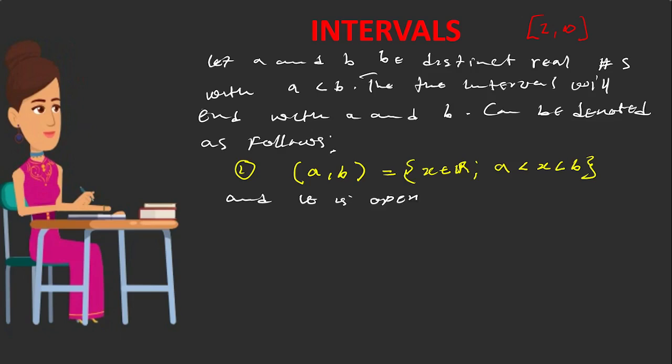When you see any bracket which is expressed like that in mathematics on sets, it simply means that such is open. So this is just an open interval. I think that is clear.